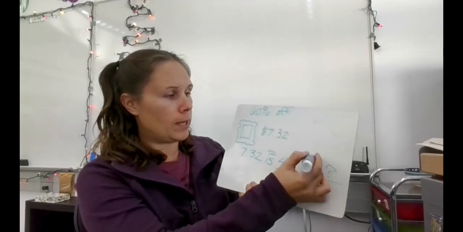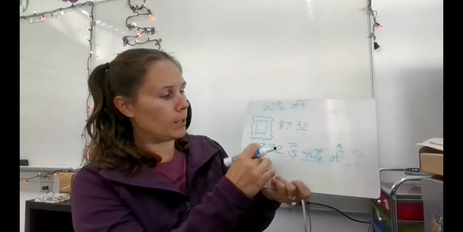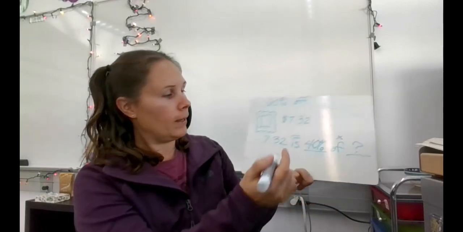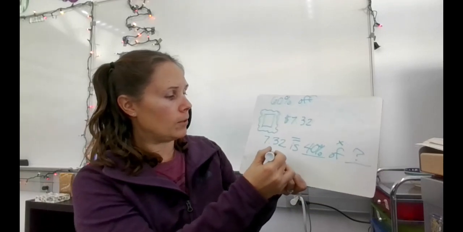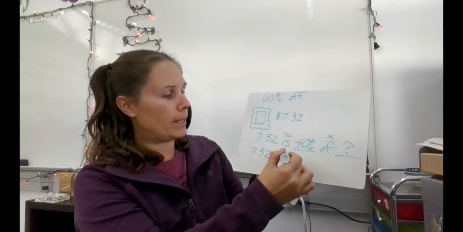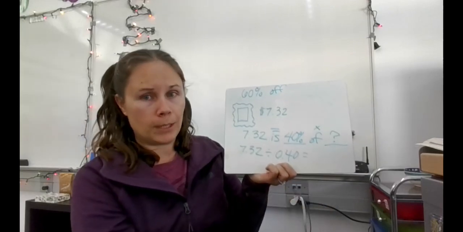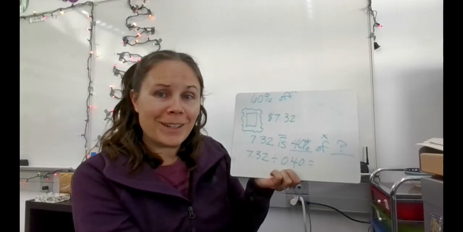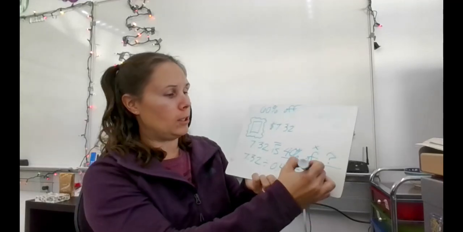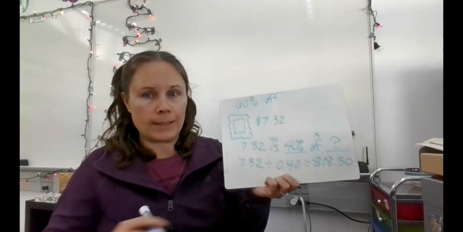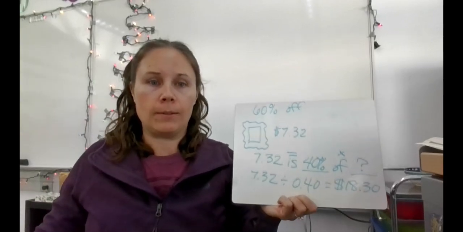And how would we solve that? Two things multiply to make the product. Take the product, divide by one factor, I get the other factor. So if I do 7.32 divided by 4/10 or 40/100, I would get my price. Hopefully you pause, solve. You should get the price of $18.30, the original price for that picture frame.